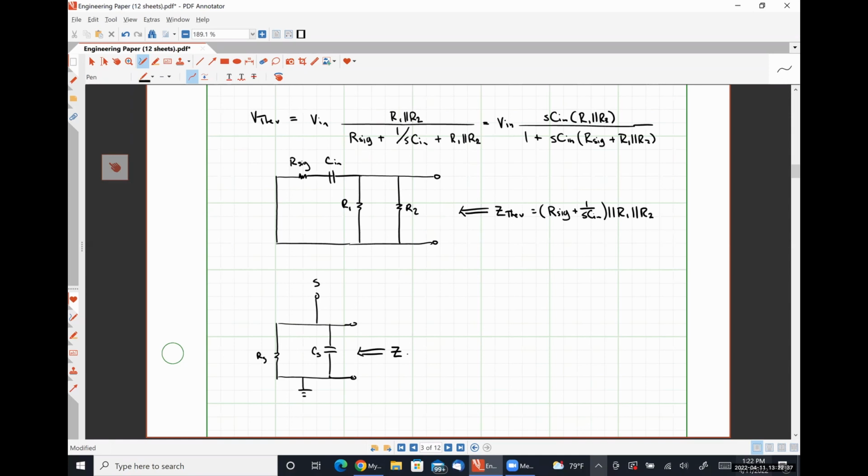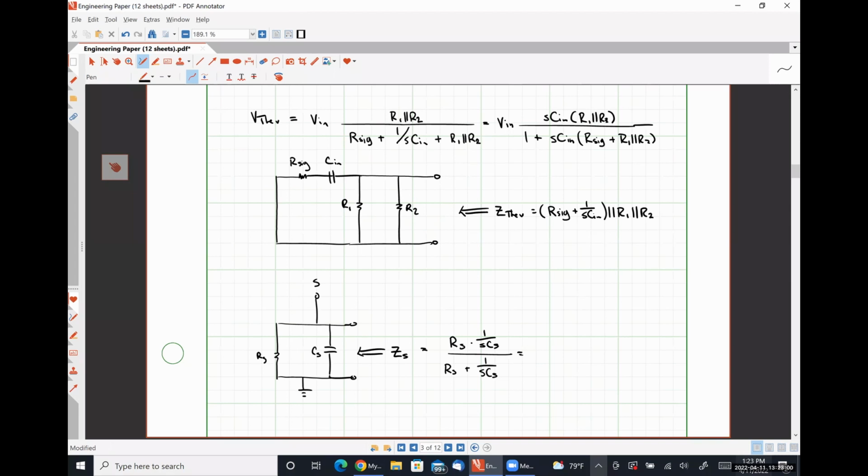I'm going to call this ZS, where ZS is RS multiplied by 1 over SCS over RS plus 1 over SCS.